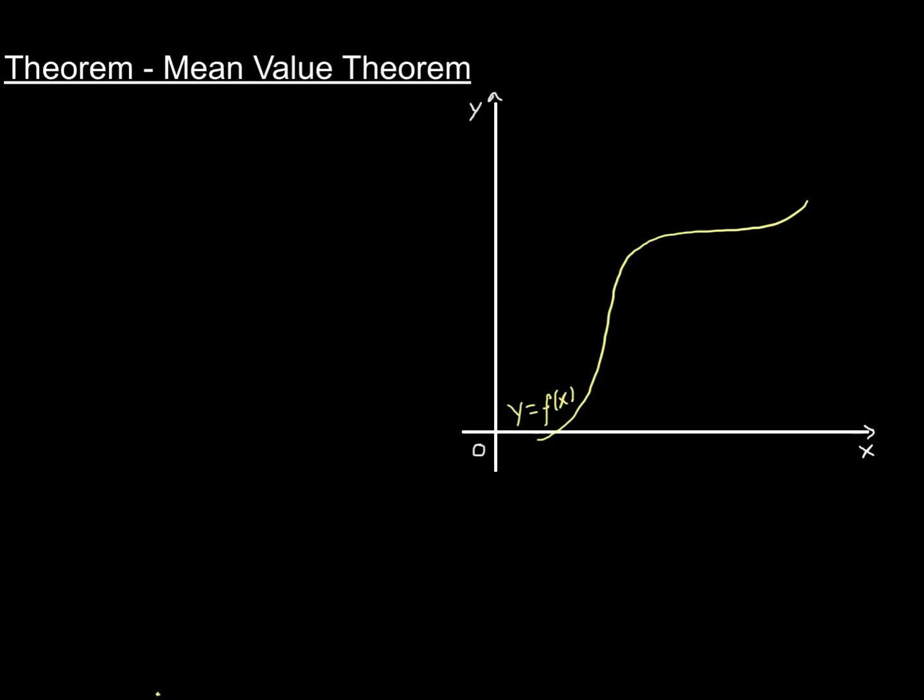So what I've done is I've just drawn a generic function, f of x, and the criteria for this function, if you'll notice, is that it is clearly continuous everywhere that I've drawn it. And it is also pretty clearly differentiable everywhere.